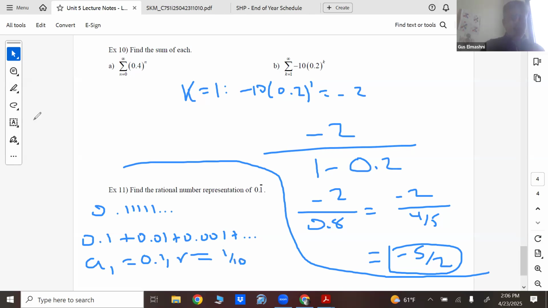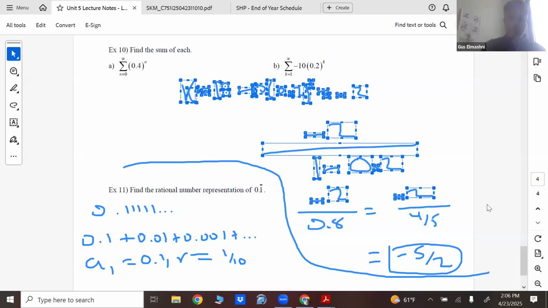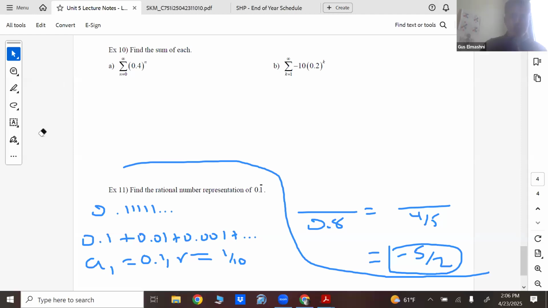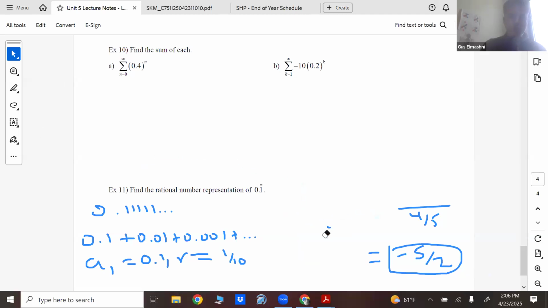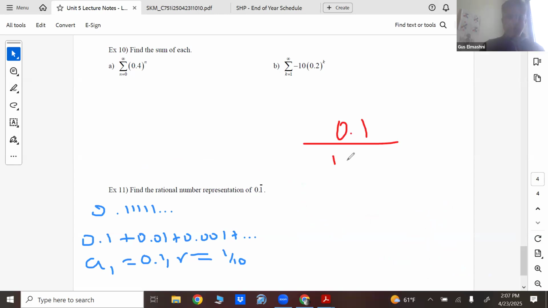So if I work that out, 0.1 over 9/10. So it's 0.1 times 10/9.